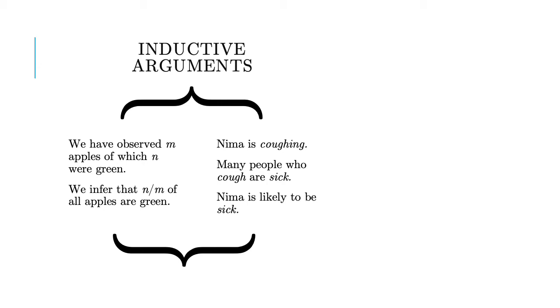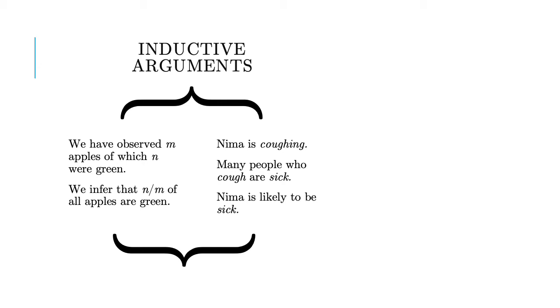You might recognize this as similar to forms of statistical inference, where we look at the sample that we just collected and infer that the population has similar properties, right? This is when we take a sample of people and find their height and infer that the population height is going to be similar to the sample height.